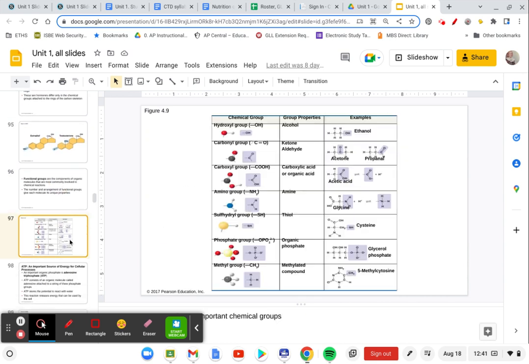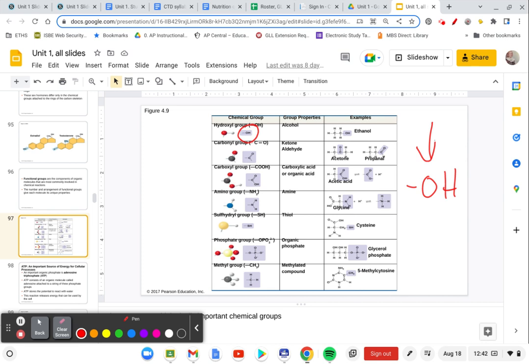Do remember that for a quiz, you need to be able to look at a diagram that is showing you the different functional groups. So, for example, showing you OH, our hydroxyl group, being able to say, hey, yeah, that's hydroxyl, okay?